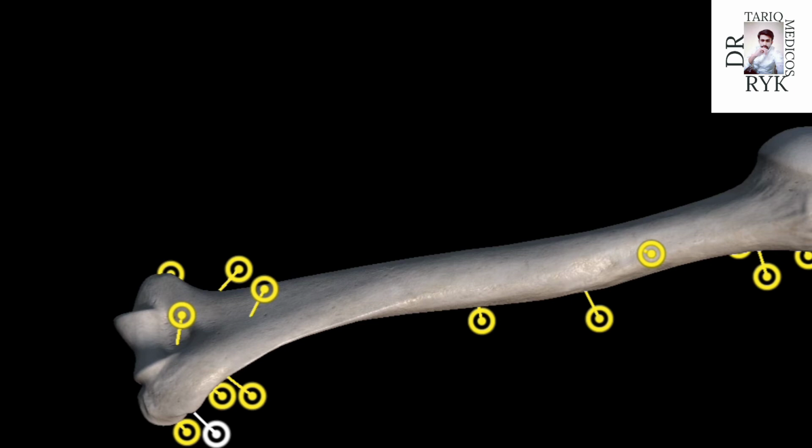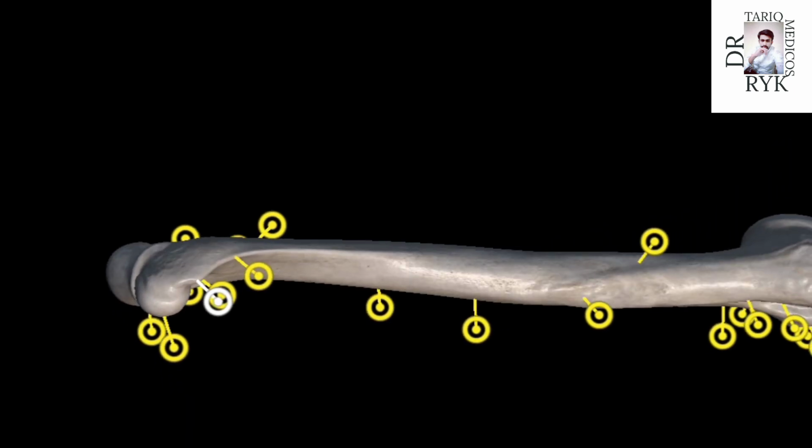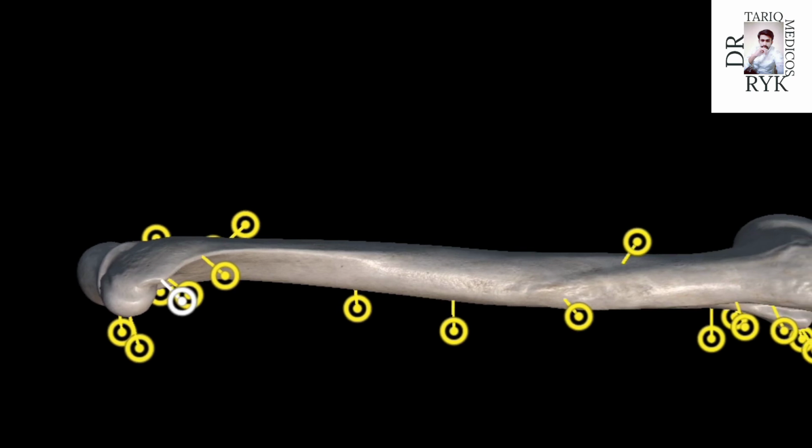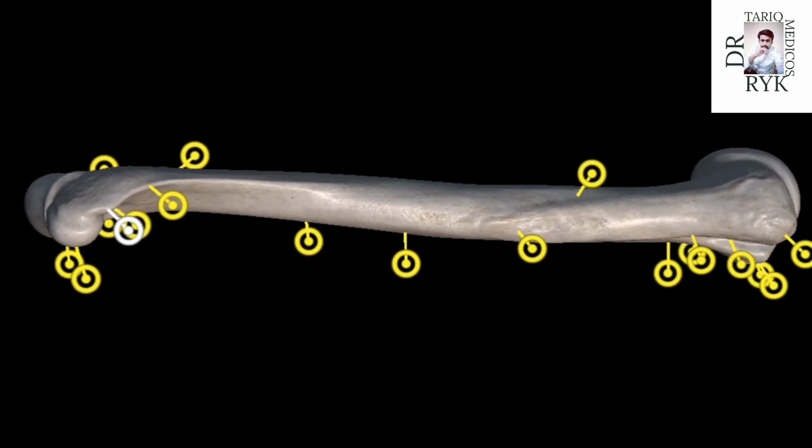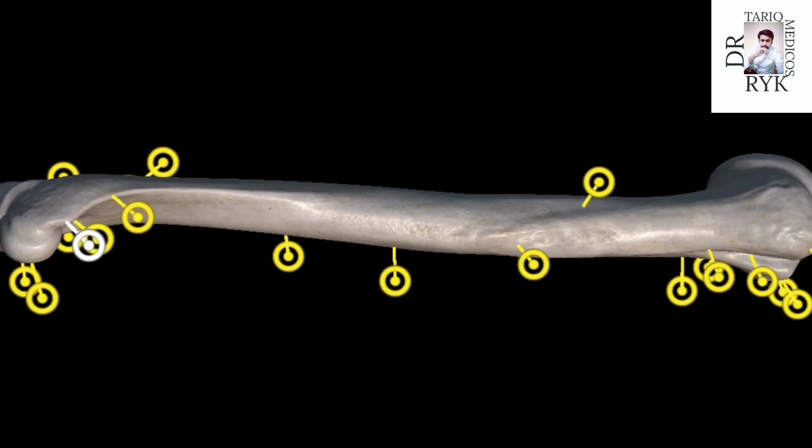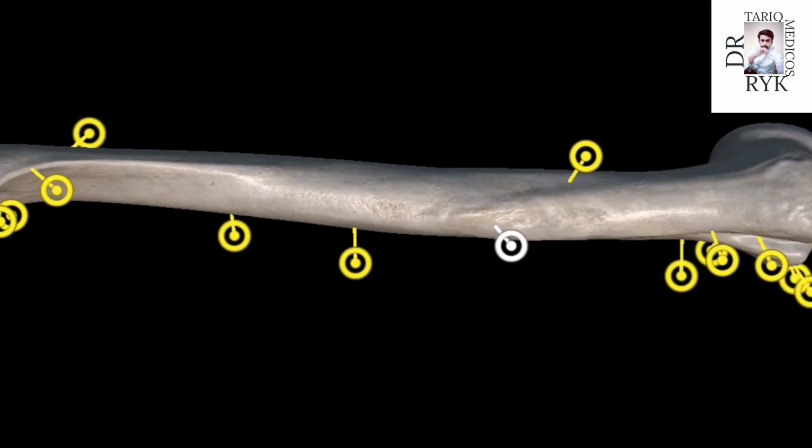If we see from the lateral side, this is the lateral side of the humerus. Laterally, the humerus looks like this. This is the lateral view. Here is the deltoid tuberosity. The deltoid tuberosity is on the lateral side of the humerus.